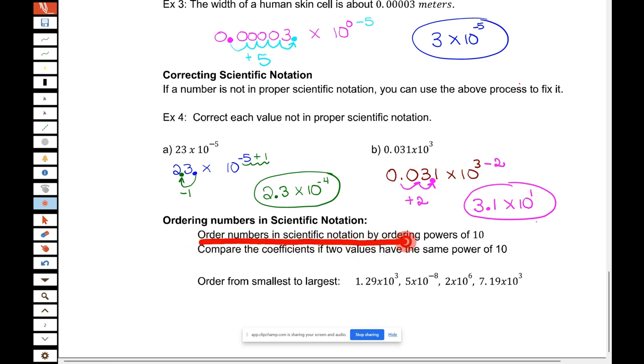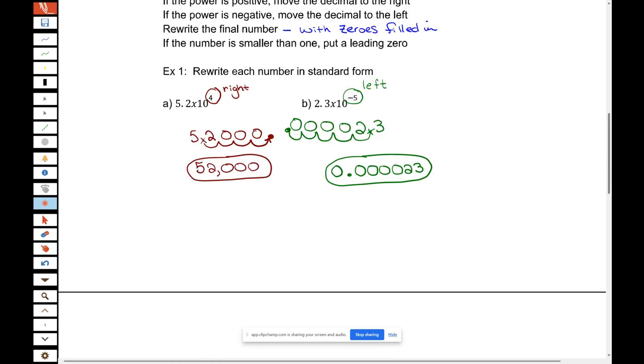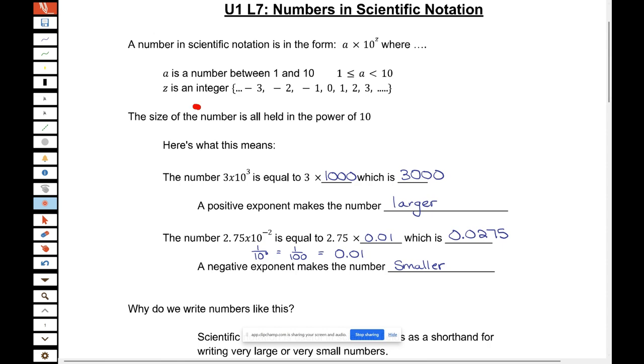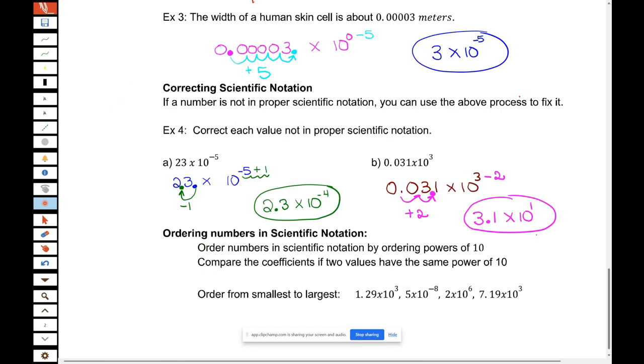The first thing you do is order the powers of 10, because as we said at the very beginning of the lesson, the size of the number is held in the power of 10. So if we're going to go smallest to largest, we're going to start with our smallest power of 10, which is negative 8. So my first number is 5 times 10 to the negative 8.